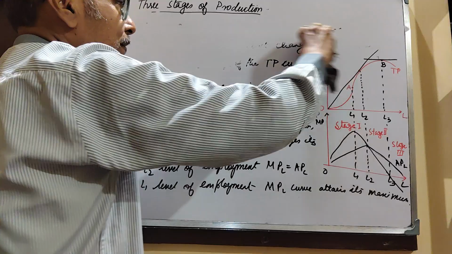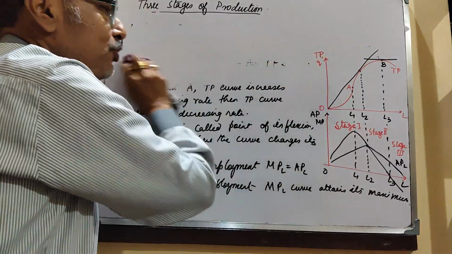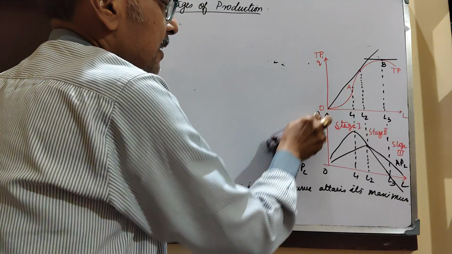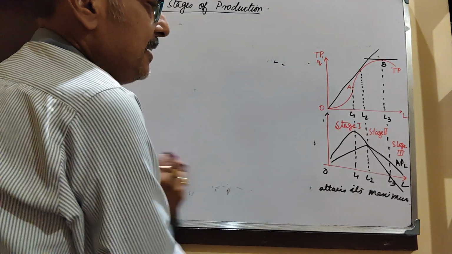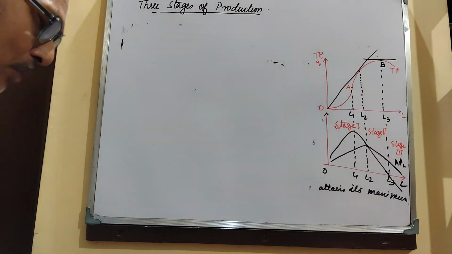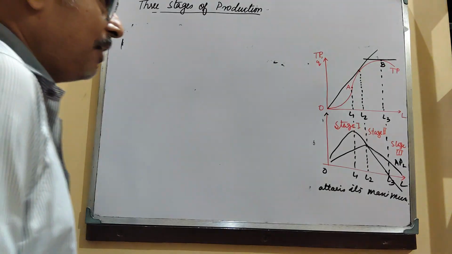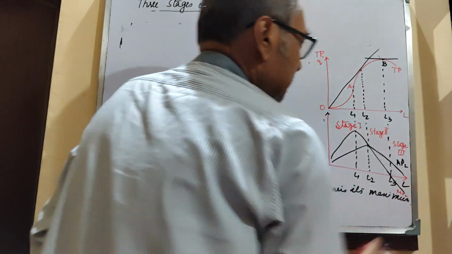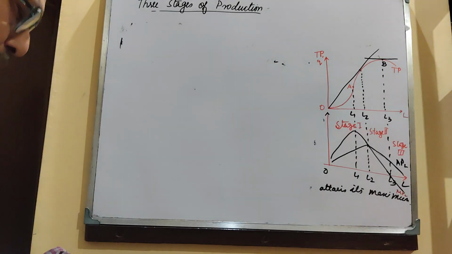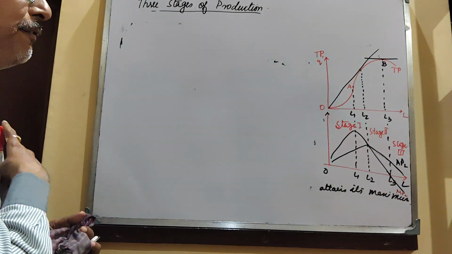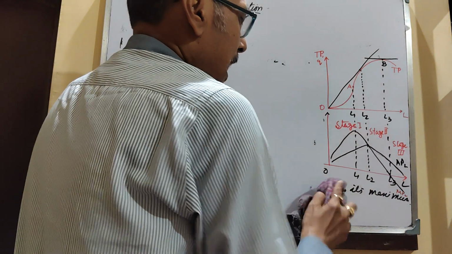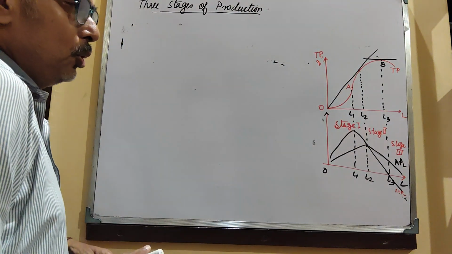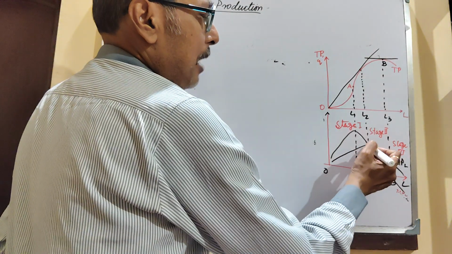From the diagram we can say in stage 1, the AP curve is upward sloping. This is our MP curve, marginal product of labor. Look, the AP curve is upward sloping.